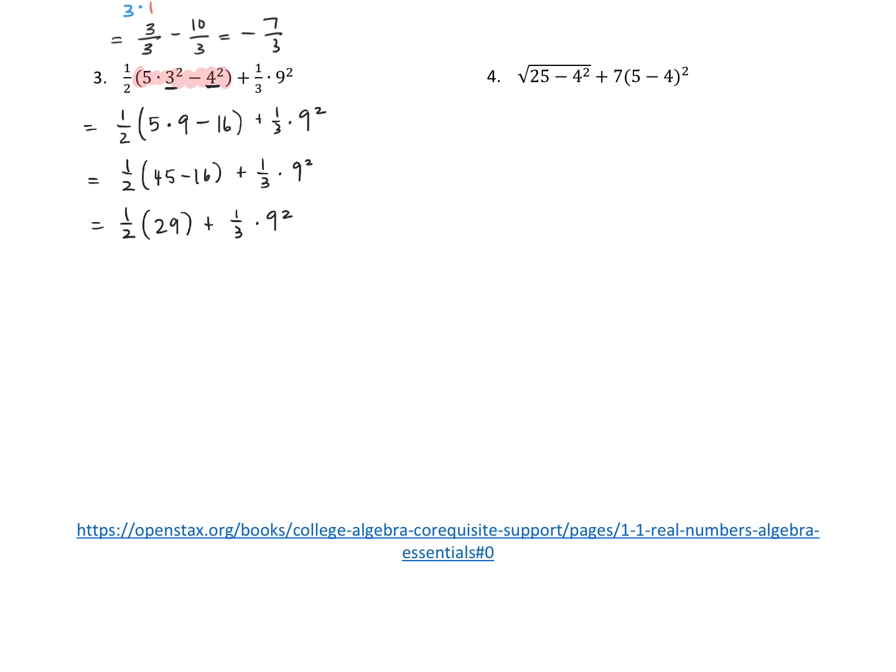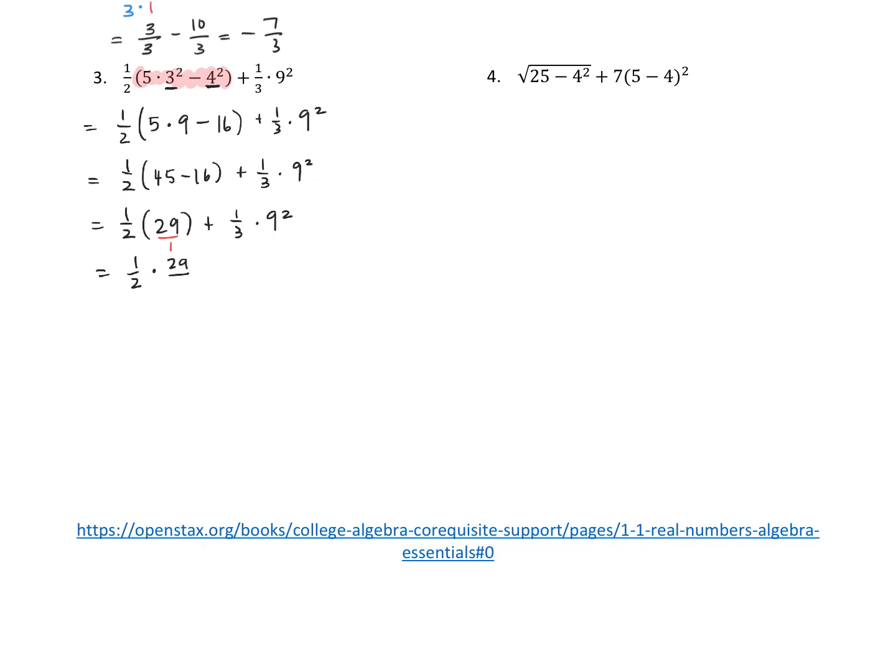Okay, so now we have simplified everything within the parentheses, so we can do any exponents that are left. That would be the 9 squared. So 1/2 times, I'm going to take these parentheses away and write 29 as a fraction. Remember, you can write it as a fraction by writing it over 1.